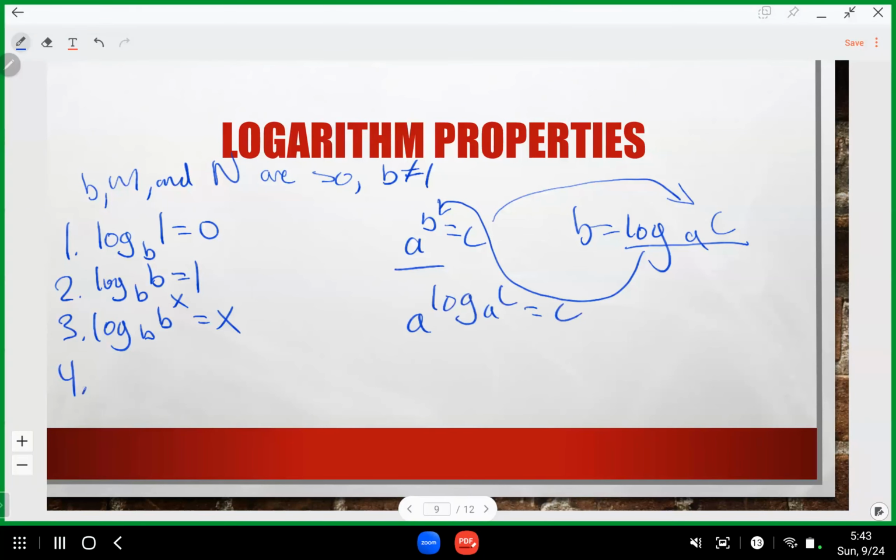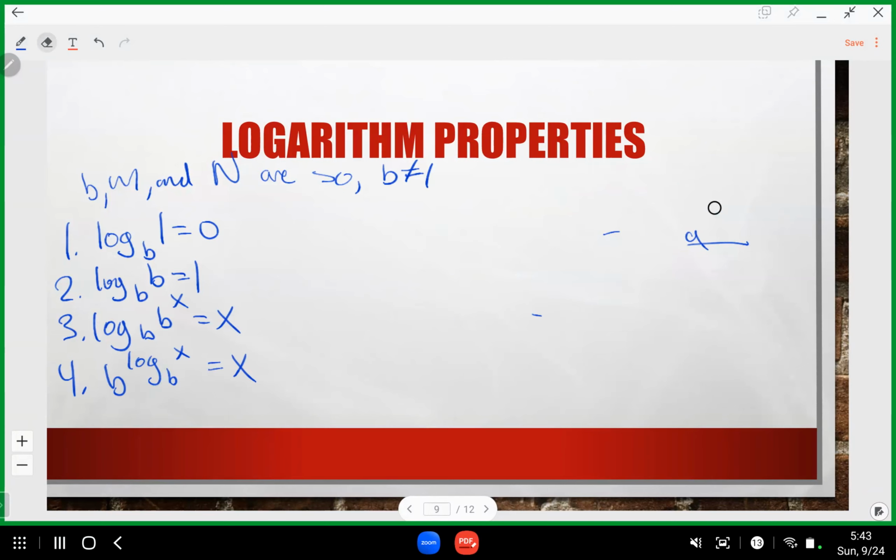So that's our fourth property, which is b to the log base b of x is equal to x. See, these b's cancel out. That's very nice. If you ever get this form, these cancel out, right? Because through simple substitution in the definition of logarithm, we can get these properties.